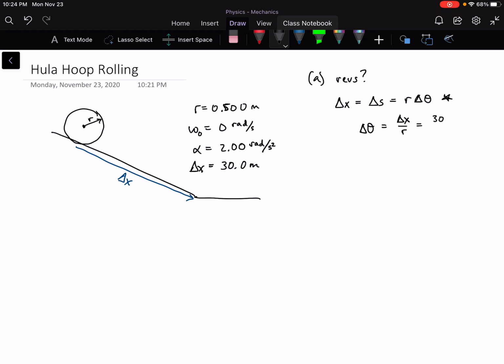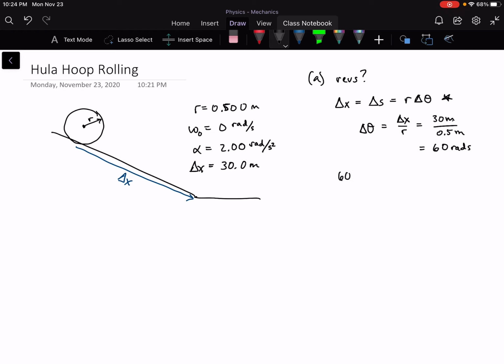So that's 30 meters over 0.5 meters, which gives us 60 rads. Now, of course, we're not asked for radians, we're asked for revolutions. So we need to take that and divide it by 2 pi radians, okay?